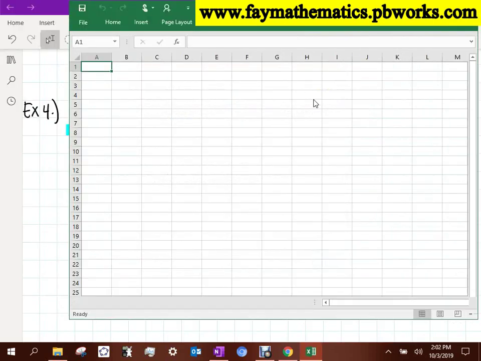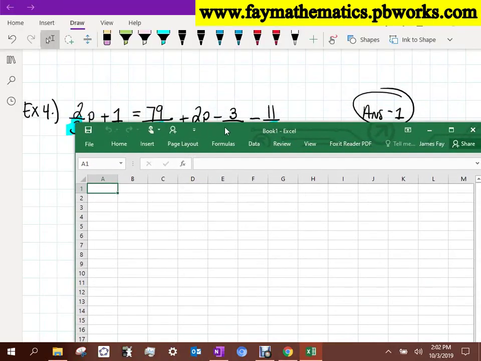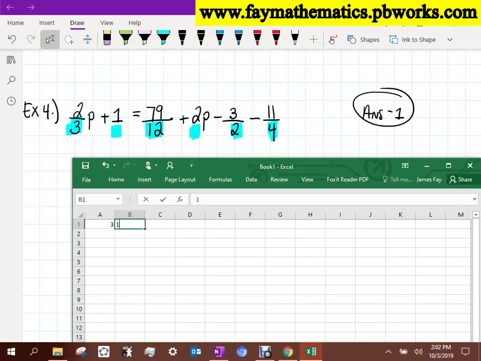But what we've got going on here, well, I'm just going to put in our denominators of 3, 12, 2, and 4 here. Now, to get this to do what I want it to do, I've got to do this. And I'll zoom in on it so you guys can see it a little bit better.